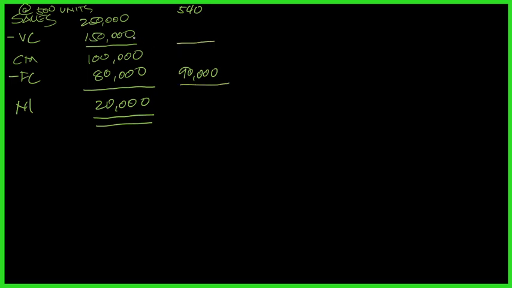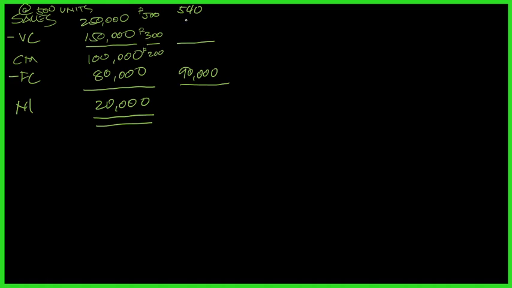This one is very easy. You just have to compute. Since your selling price is not affected, the selling price earlier was 500 pesos, variable cost 300, and contribution margin 200. You now have 500 pesos, the selling price, times 540.